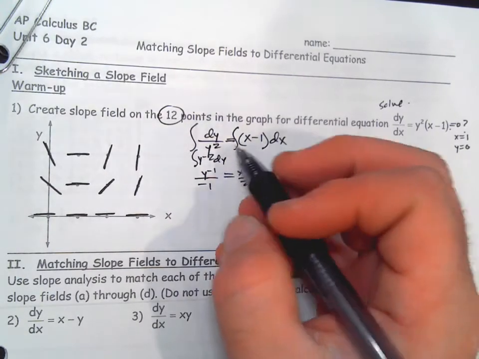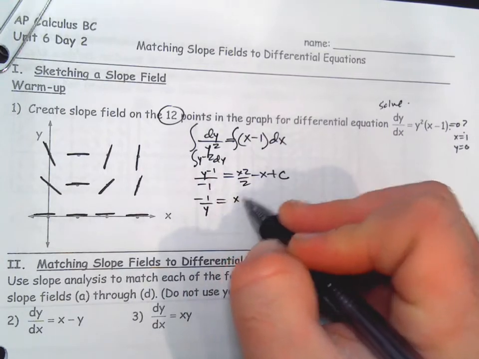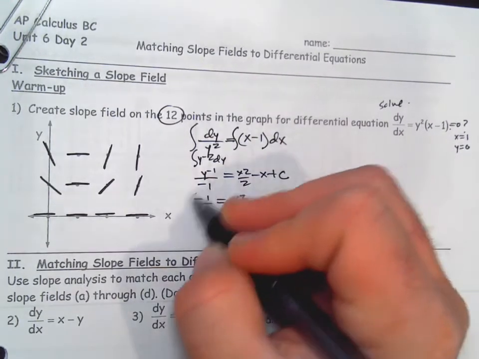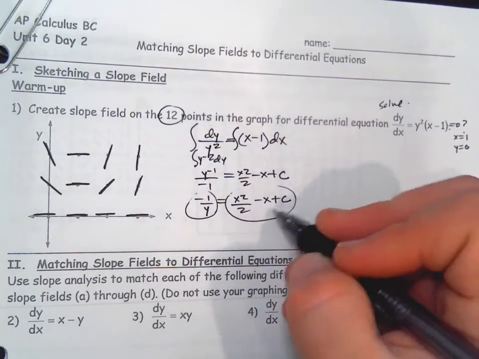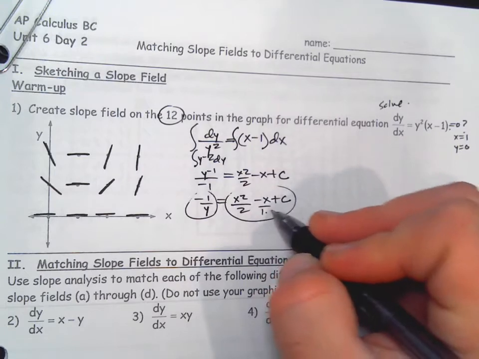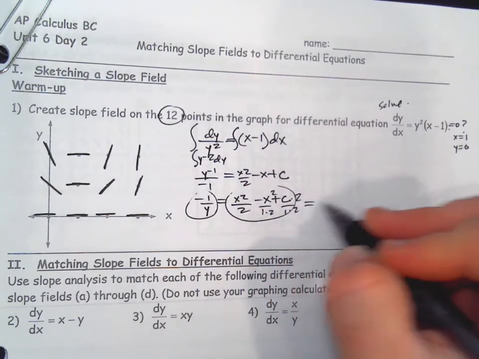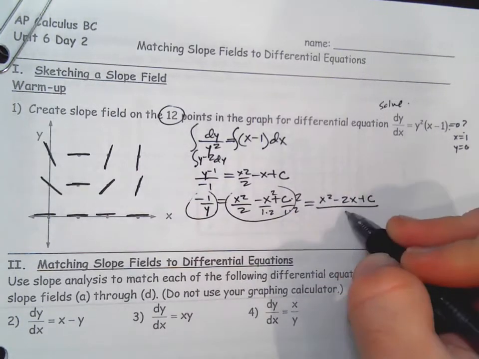I think I would rewrite this without a negative exponent. Now I can flip both sides of an equation, but it's got to all be like one fraction here. So you want to probably give these guys a least common denominator, and think of it as x squared minus 2x plus really just c, 2c is the same thing over 2.